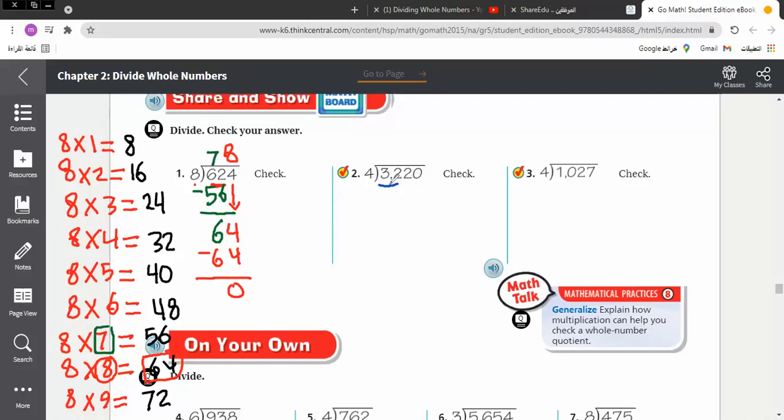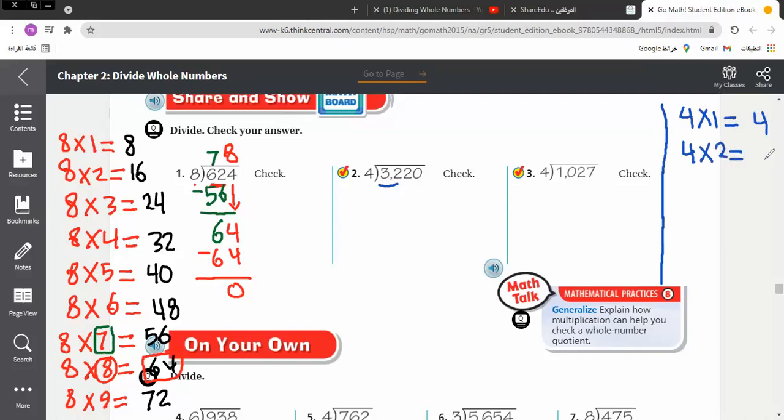Now, 32 divided by 4 is equal to what number, Suleiman? You need to remember table 4 because the divisor is 4. Suleiman, I said divided.